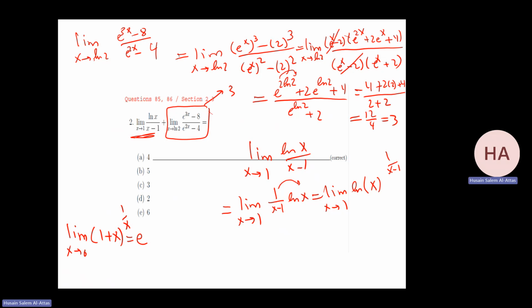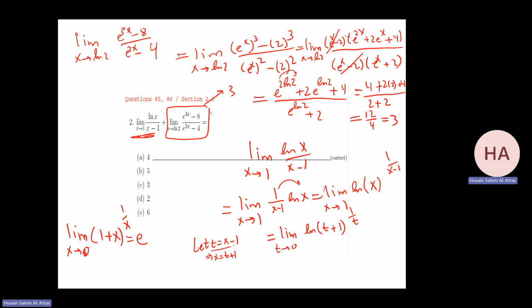Now I let t, since for my formula I need x goes to 0. So I let t equal x minus 1, so it means x equals t plus 1. So I have ln of 1 plus t, to the power 1 over t. And look, if x goes to 1, where does t go?